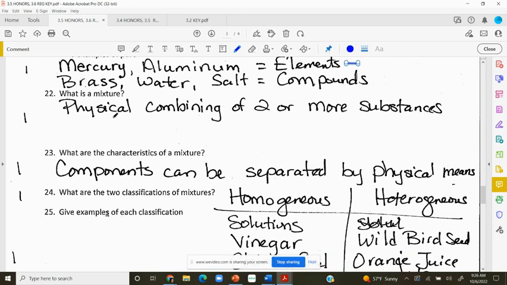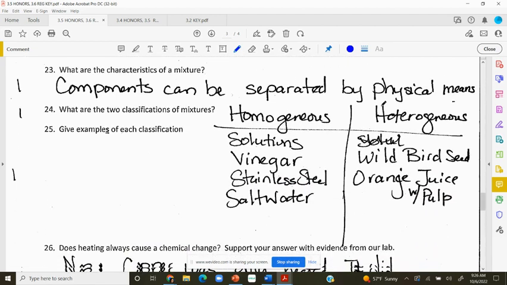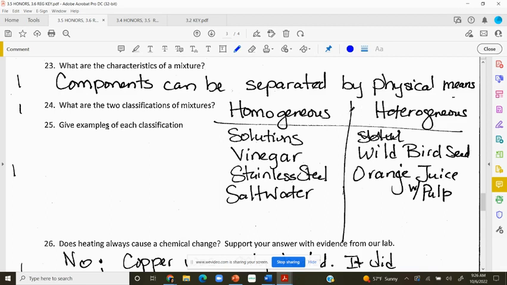What is a mixture? It's a physical combination of 2 or more substances. A characteristic of a mixture is that we can separate it by physical means. Physical means would be, like we talked in class about, distillation, chromatography, crystallization, just picking things out manually, filtration.